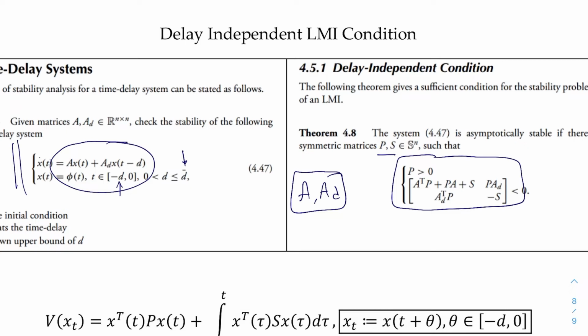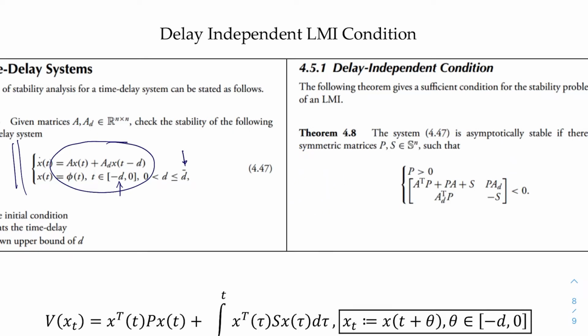Okay, here A, AD, right? And P and S are the decision variables that we need to determine, and they appear linearly, right? Here, this is an easy LMI problem at this point.